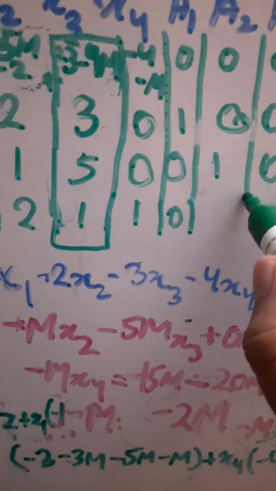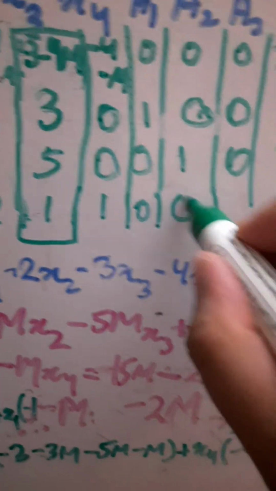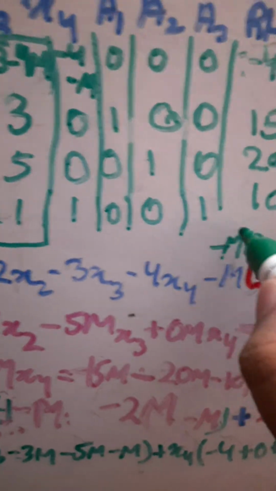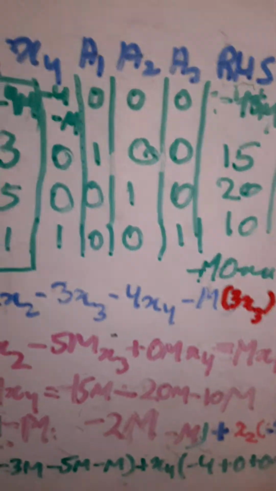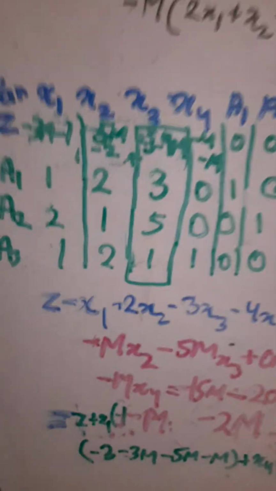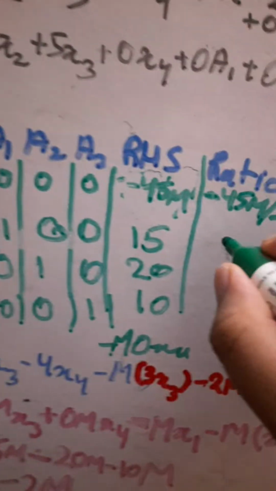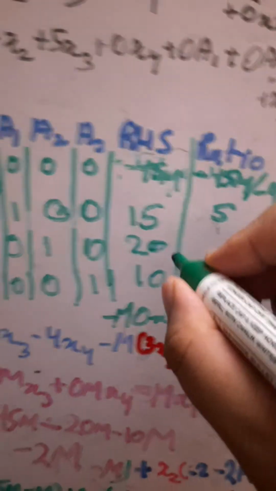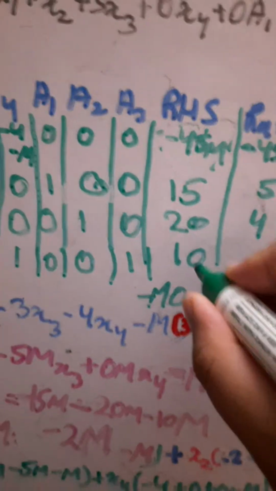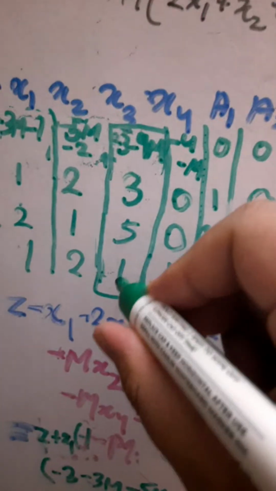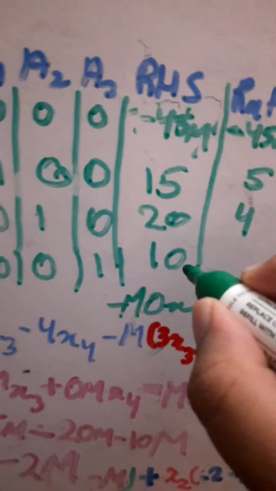Let me extend the table. 0a2, 1a3 equal to 10. Okay, now 15 in RHS divided by 3 in the key column, so it would be 5. 20 divided by 5 is equal to 4. RHS 10 divided by the key column's 1 is 10. Simple.